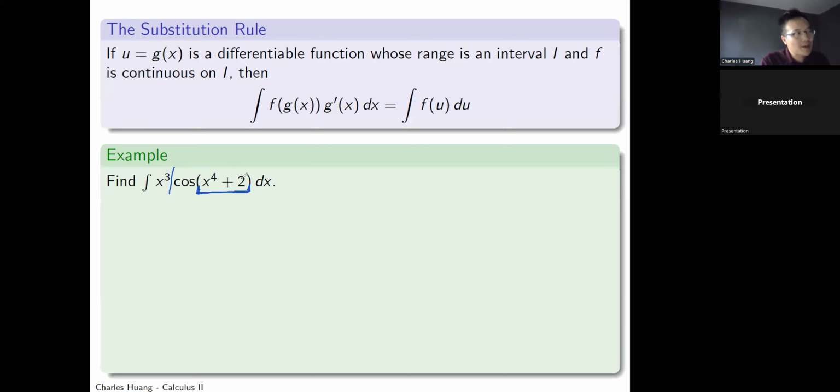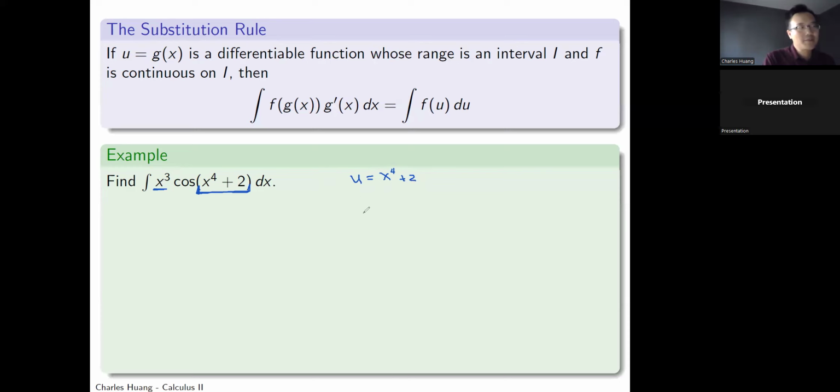You'll notice the derivative of this part happens to match with the x cubed. So that's how you can find out what to substitute. In this case, we need to substitute u is equal to x to the power of 4 plus 2.